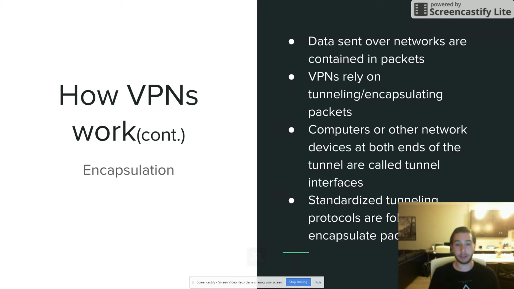The packets contain the data that's getting sent over the network, and the VPN puts another layer over that packet to encapsulate it with the security layer. The computers or other network devices at both ends of the tunnel are called tunnel interfaces. There are standardized tunneling protocols that are followed to encapsulate those packets so that it's sure to work. It's been tried and true.